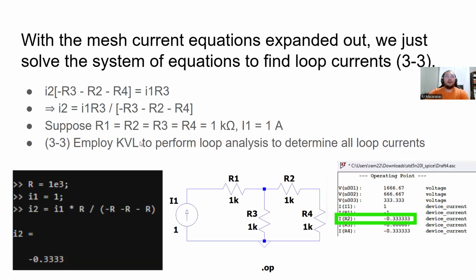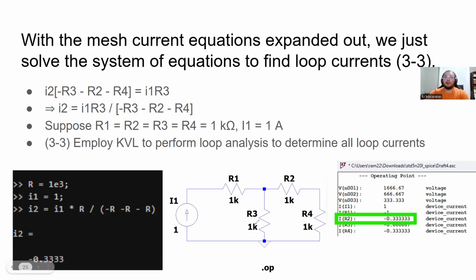Divide through, and pick out some arbitrary values in this case: just 1 kilo ohm for everything, and 1 amp of current. Plop that into MATLAB, and I2, this mesh current, should be minus 0.33 amps.